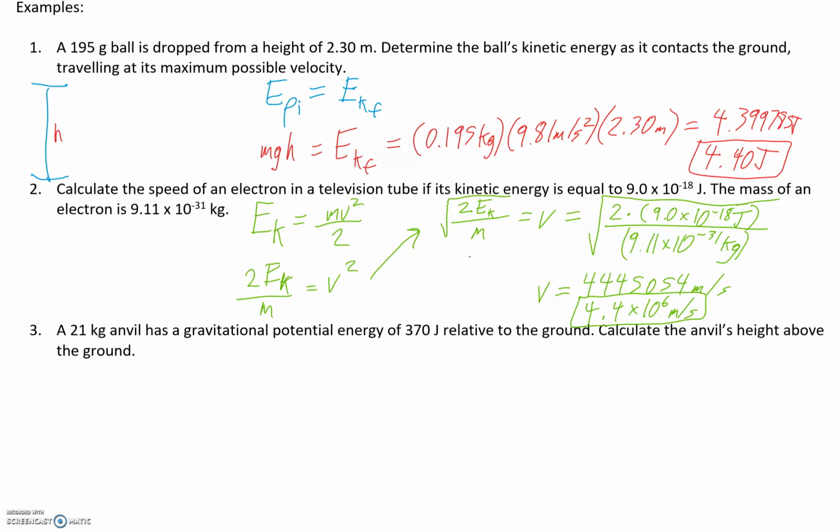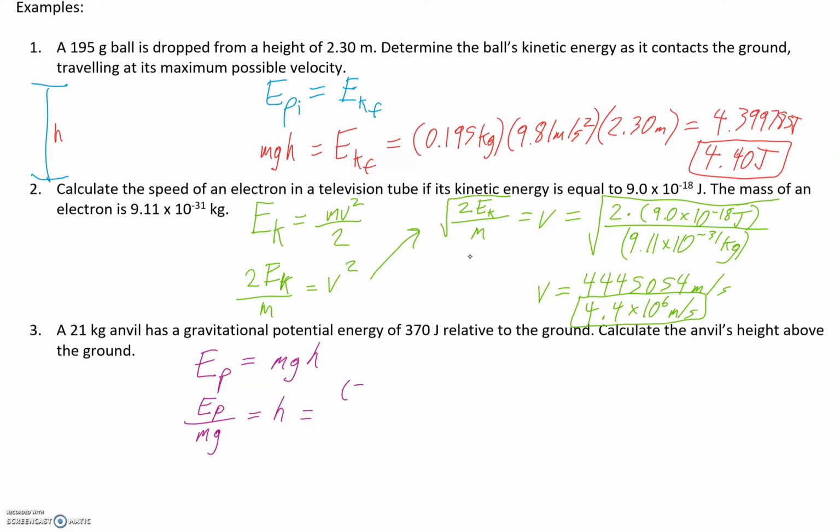Our last question: a 21 kilogram anvil has a gravitational potential energy of that relative to the ground. Calculate the height above the ground. This is very similar, except now it's potential energy. Potential energy equals mgh. We're solving for our height, so we divide by mg on both sides: EP over mg.